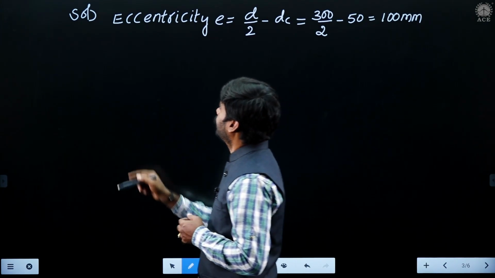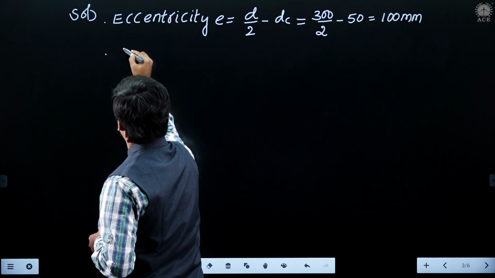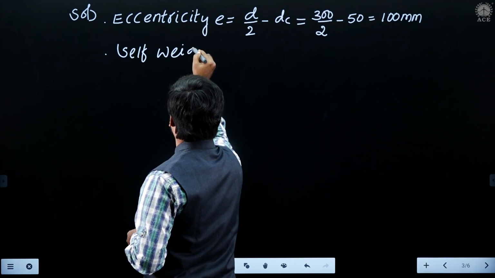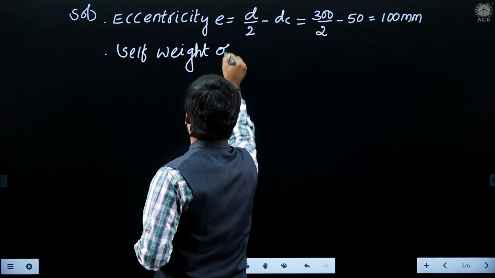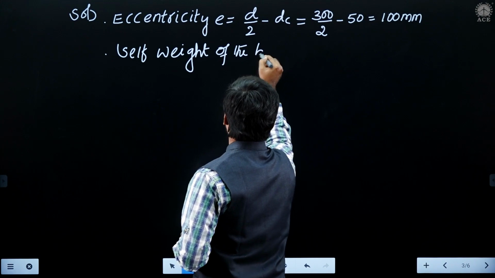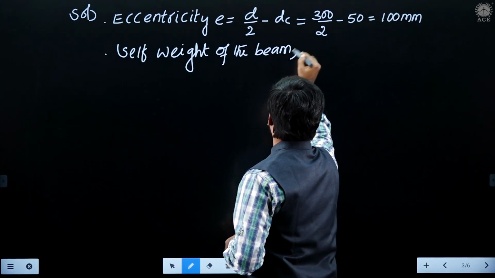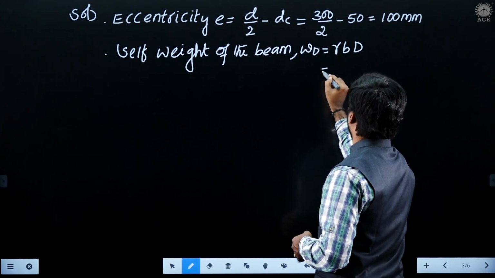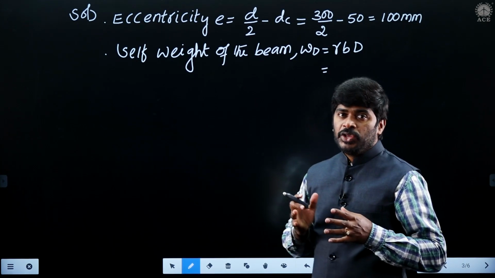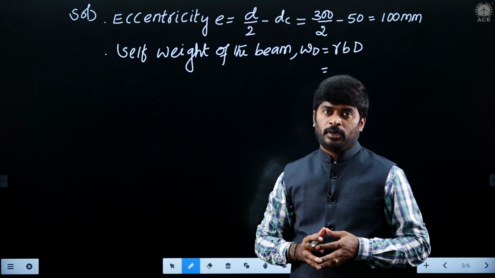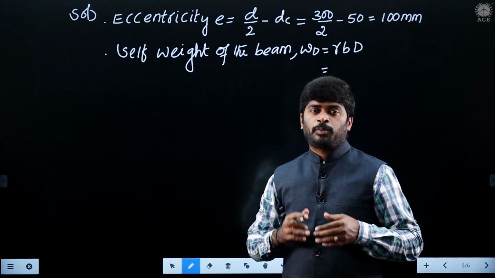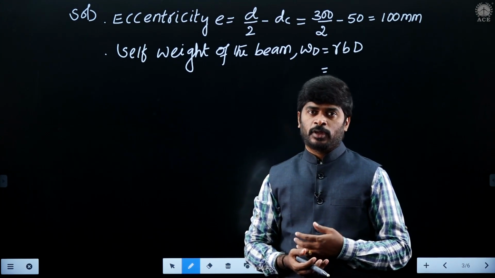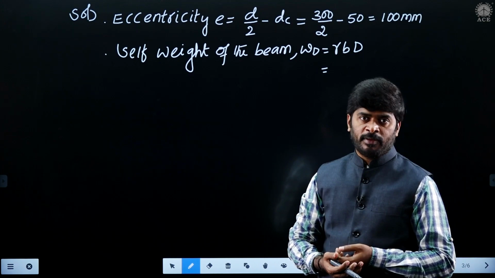Okay, next one. Let us find the self weight of the beam. WD is equal to gamma into B into D, where gamma is the unit weight of pre-stressed concrete. If it is given in the question as 25 or 24, then we can take whatever is given.